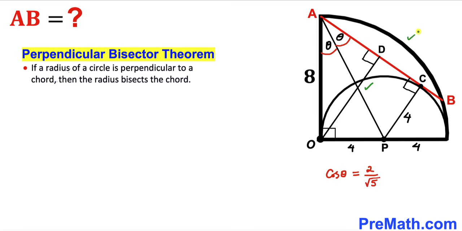So therefore we conclude that segment AD is equal to segment BD. In other words, this whole chord AB length is going to be equal to twice this AD length. I'm going to label this as equation number 1.